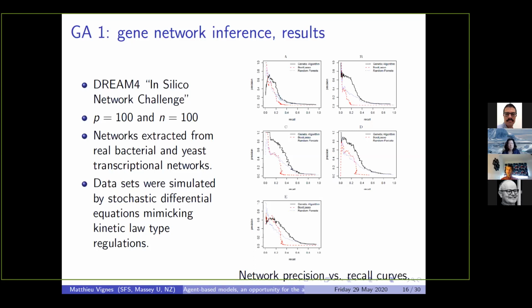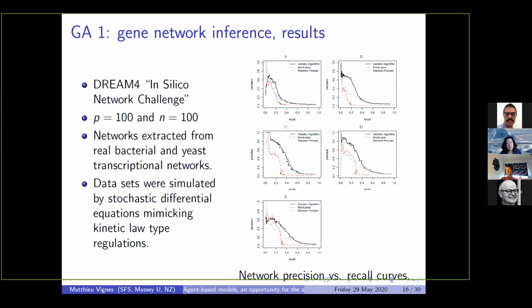And on the right, you have precision recall curves, 5 of them for the 5 networks in the challenge. So precision on the y-axis, recall on the x-axis. The ideal method would have a precision of 1. That means that all the predictions it makes are correct. So when you start having false positives, you lower your precision, and a recall of 1 as well.